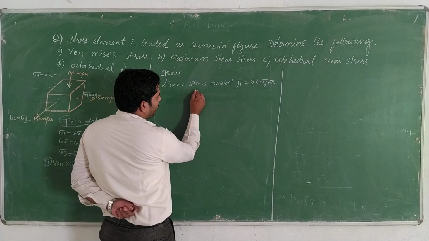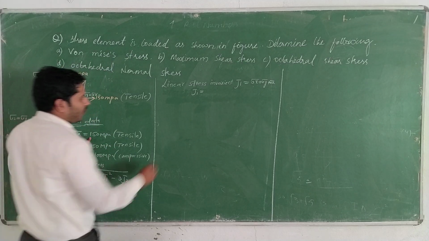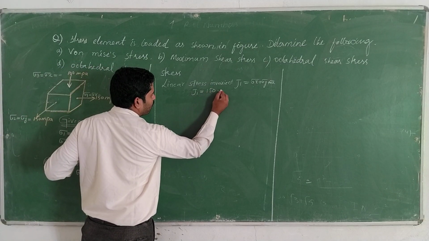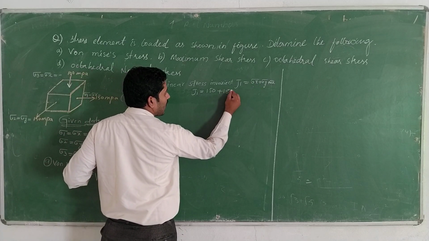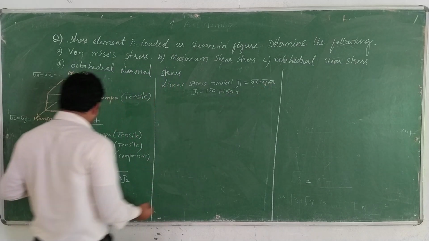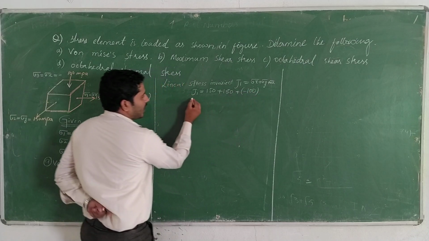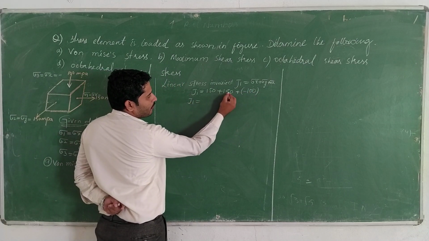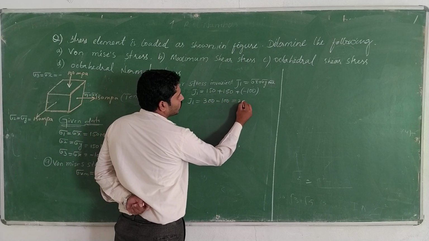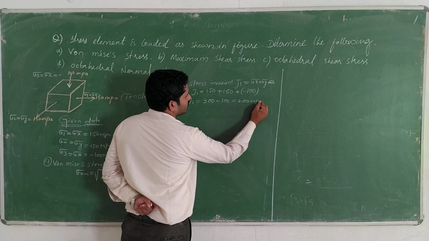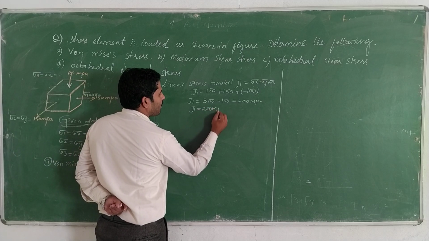Sigma x is 150 megapascal, plus sigma y is again 150 megapascal, plus sigma z is minus 100 megapascal. Adding 150 plus 150 gives 300, minus 100 equals 200 megapascal. So the value of J1 is 200 megapascal.